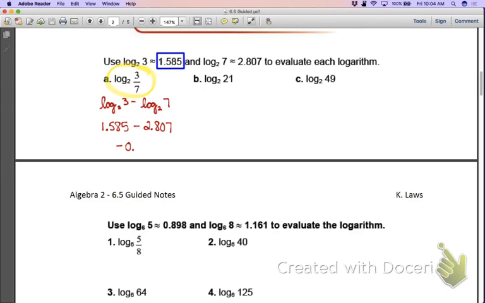Negative 0. Oh, I was going the other way. Two.